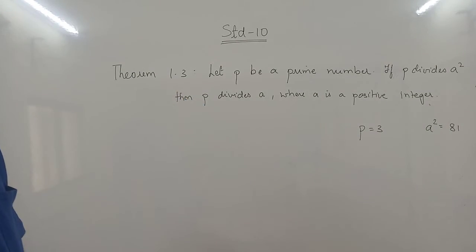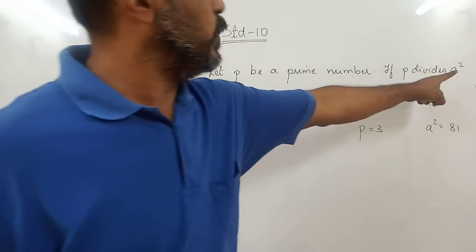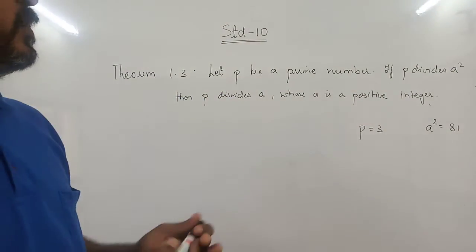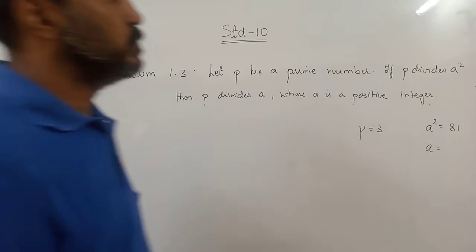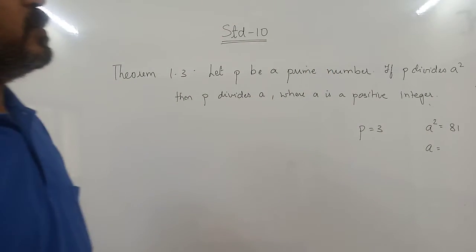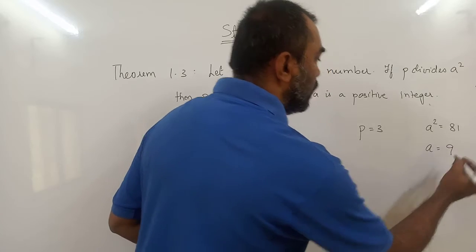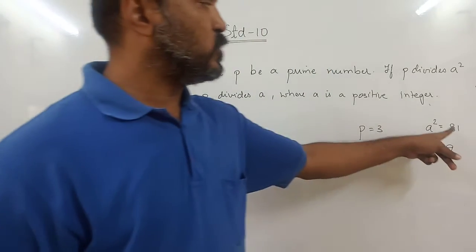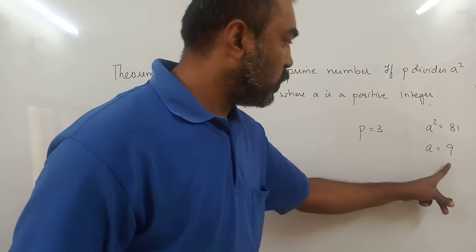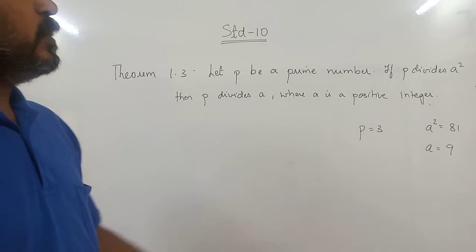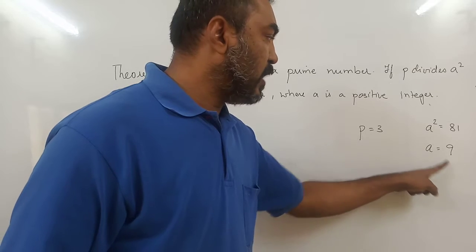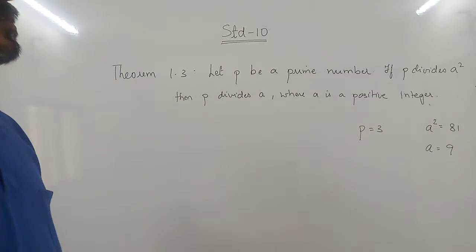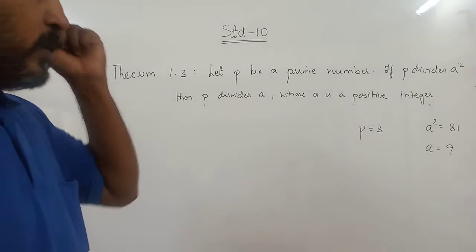The theorem says if P divides A square, then P divides A. So if A square is 81, what is A? Whose square is 81? A is 9. So if P divides A square 81, P will also divide 9. 3 divides 9. If 81 comes in 3's table, even 9 will come in 3's table. This is the theorem.